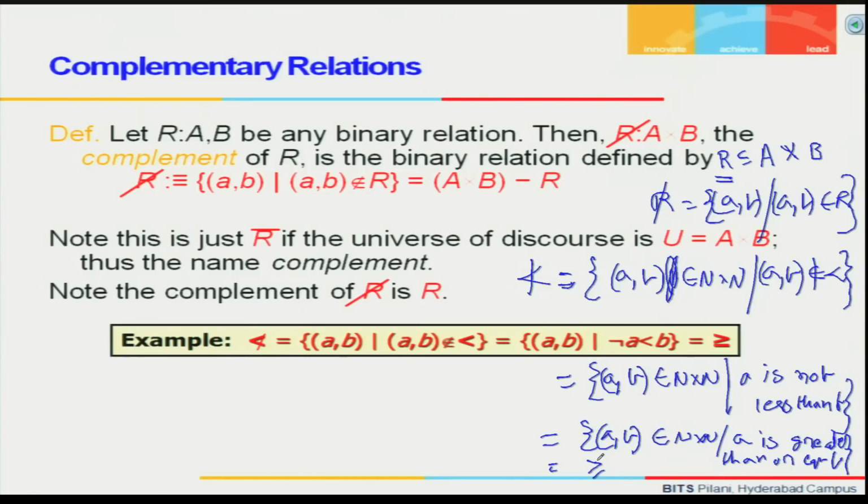So now you understand what the complement of a relation is. You take the relation and consider all the tuples of A cross B which are not there in this relation.